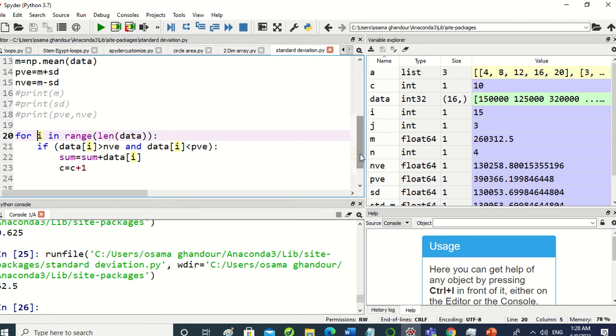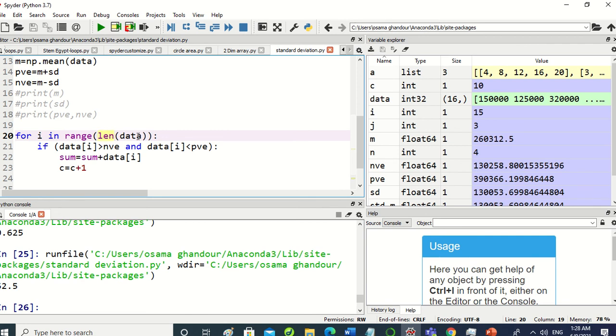I will create a for loop. So the for loop has a counter, the variable i, for i in range. I need the total number of the houses, so I use len, which gives me the length or the size of the array.